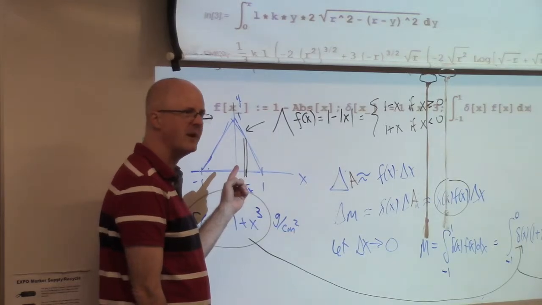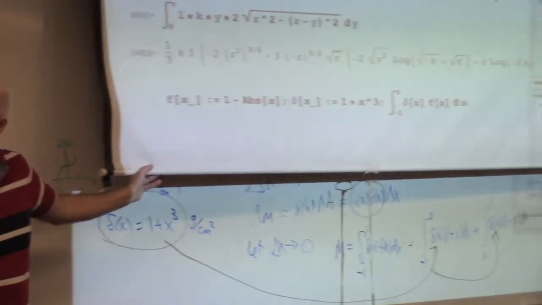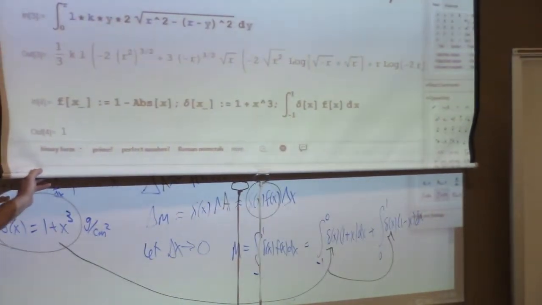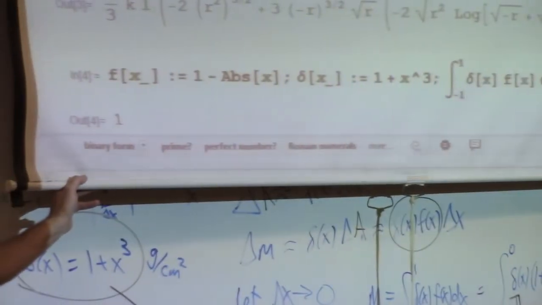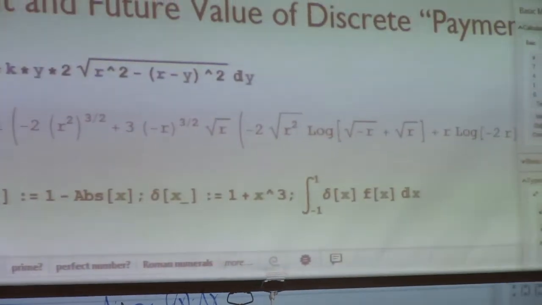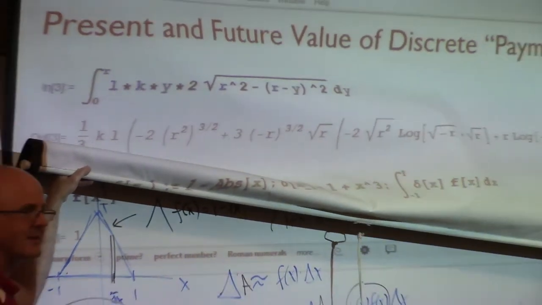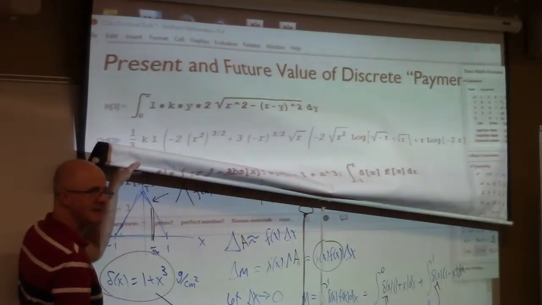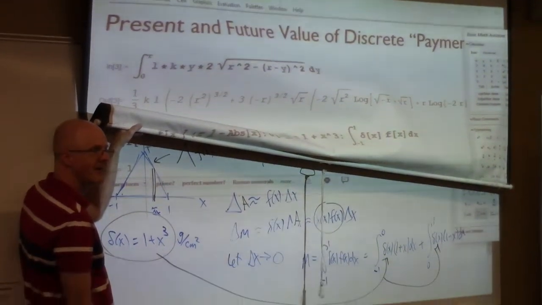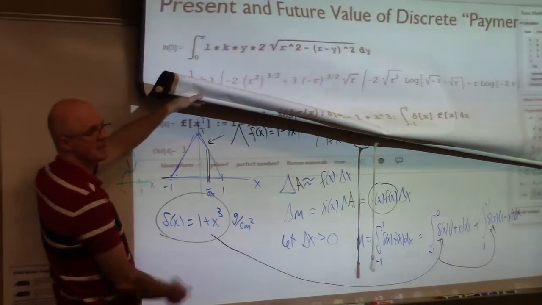Will the answer be 1 times 1? 1? I'm not sure. Let's see. It is. How about that? The average density is going to be 1 gram per square centimeter. And the area is 1 square centimeter. Multiply those to get 1 gram. It is based on the symmetry of the situation. That's why I could guess that.